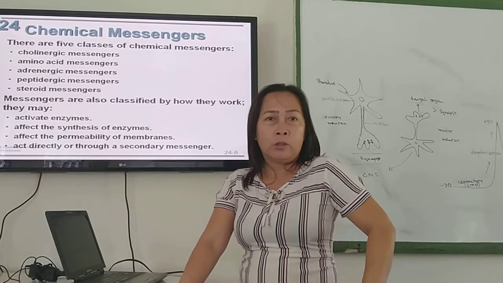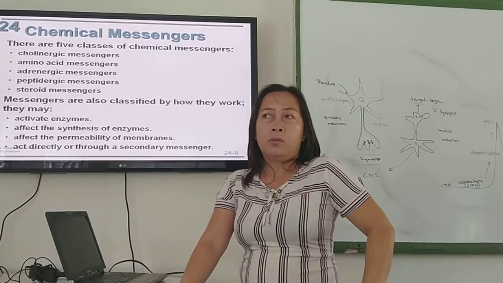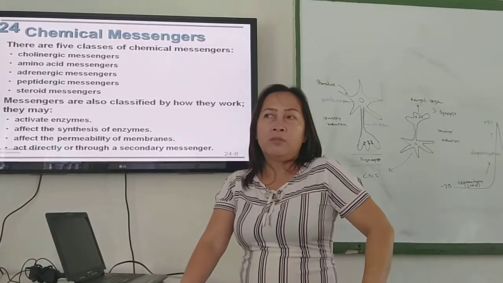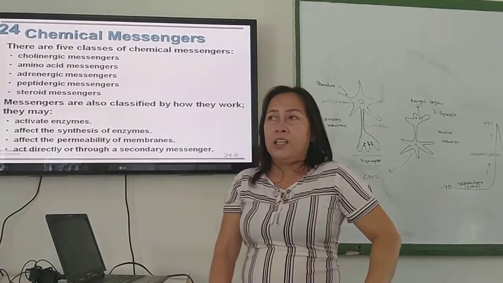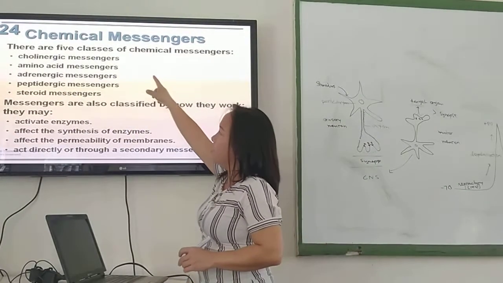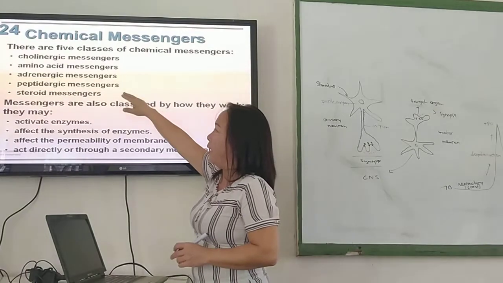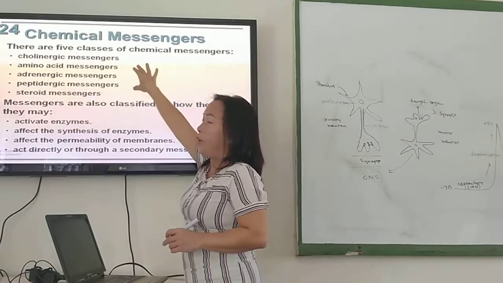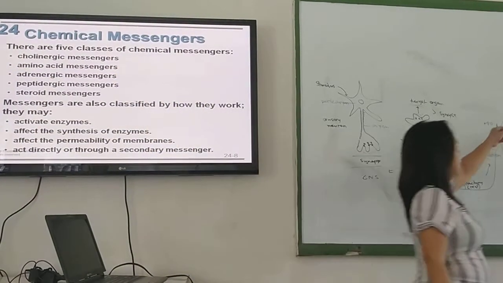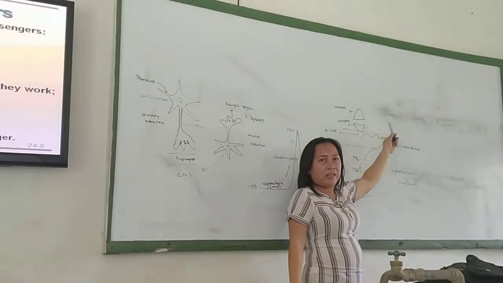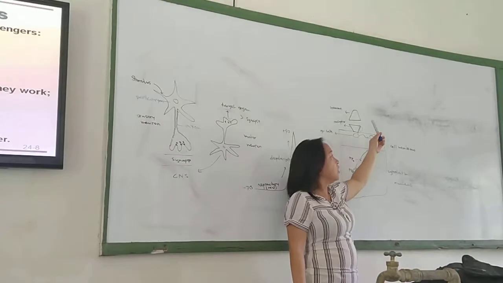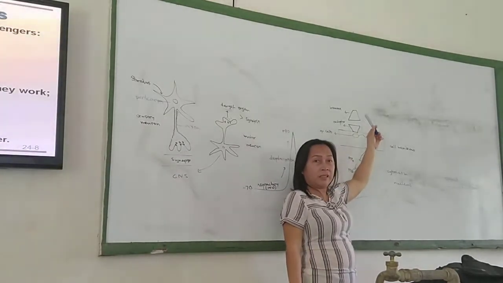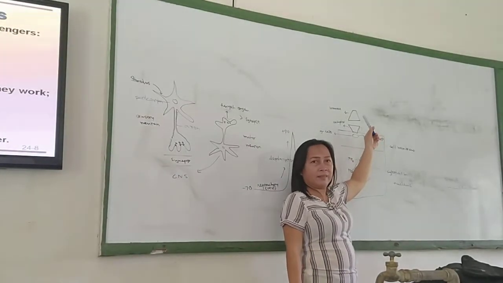That should be the rule in the home. So the admirer should not be allowed to get inside the room, just there in the living room. So for these cholinergic messengers up to peptidergic, these 4, they just stay outside, maybe in the backyard.